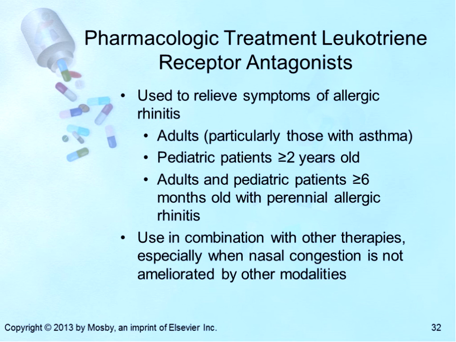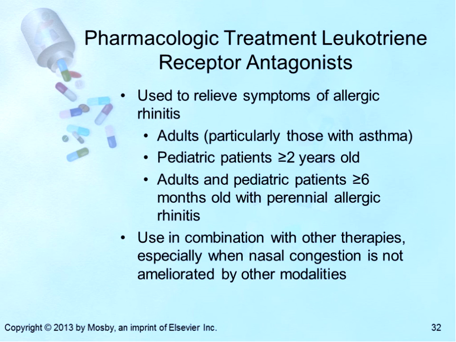The leukotriene receptor antagonist montelukast sodium is used for the relief of symptoms of allergic rhinitis in adults, particularly those with asthma, and pediatric patients 2 years of age and older, as well as for the treatment of seasonal allergic rhinitis in adults and pediatric patients 6 months or older.